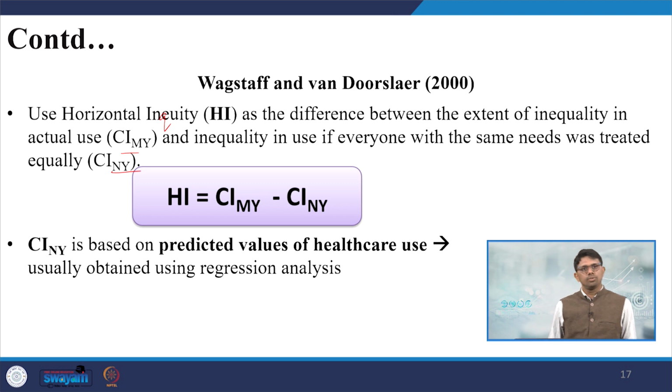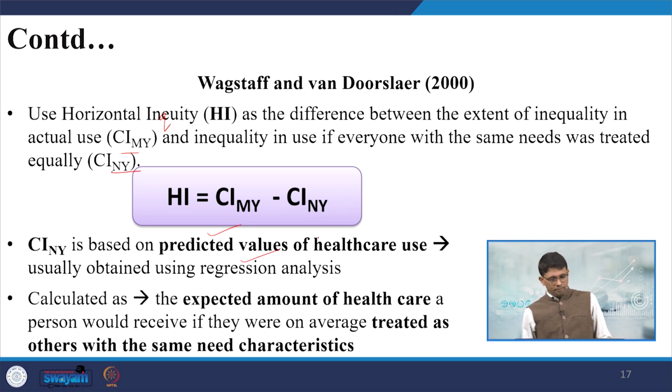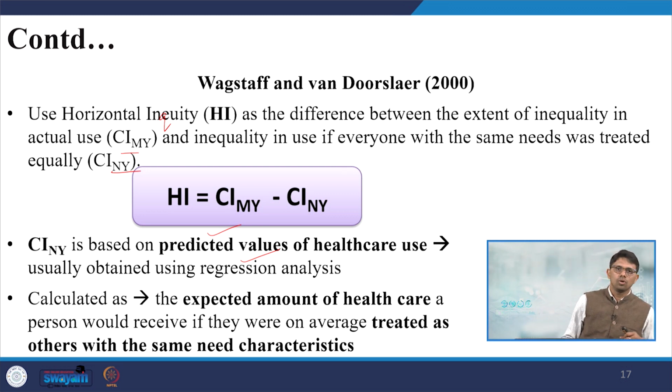So, CINY is based on predicted values, since that is based on need, and usually these predicted values are derived through regression analysis, sometimes through their predicted or expected value.